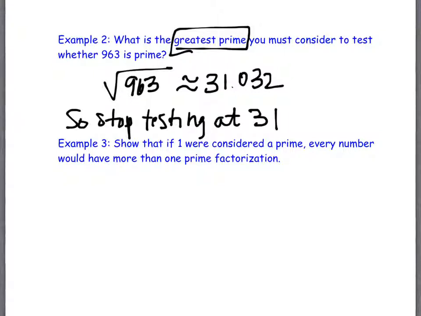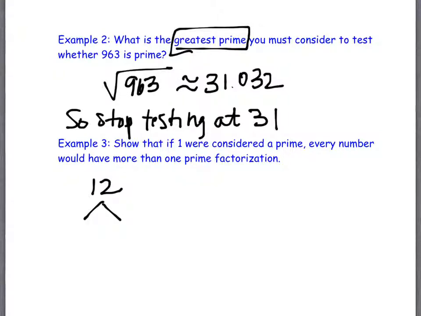All right, example 3 says, show that if 1 were considered a prime number, then every number would have more than one prime factorization. So let's just make a number up. In fact, we're just going to use 12 because we've dealt with it before and it's small enough to talk about. And let's do our factor tree for 12. So what is the factor tree going to look like for 12?